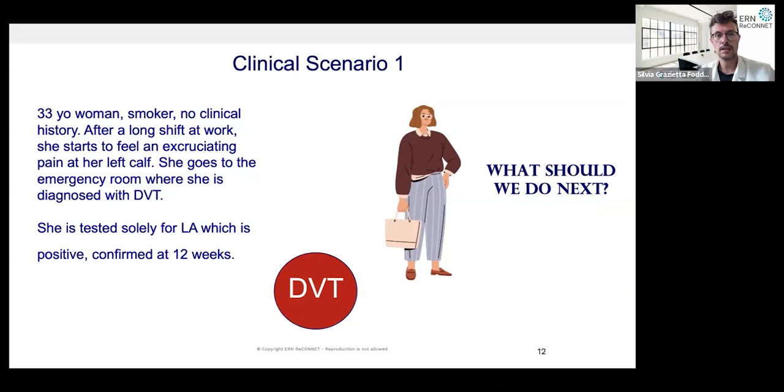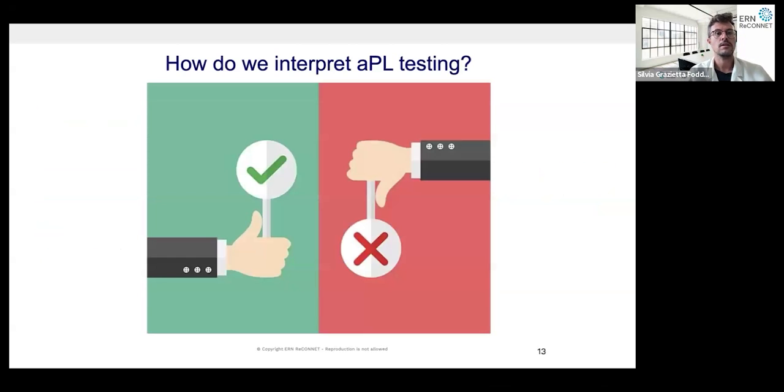Something is missing because how can we interpret APL testing? The easiest thing is positive and negative. Everybody can understand that. The patient is positive for APL, so she is an APS patient. Why do we need to test her for other APL, so beta-2 and anticardiolipin antibodies?